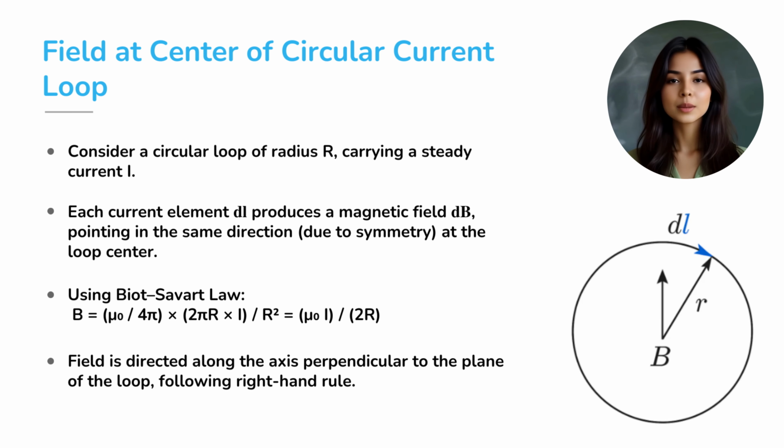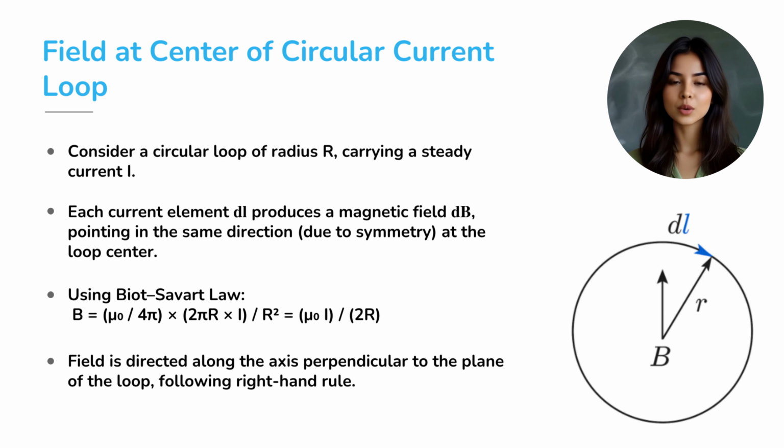Let's now apply the Biot-Savart law to a simple and symmetrical setup, a circular current loop. Imagine a loop of radius r, carrying a steady current I. Each infinitesimal segment of current contributes a tiny magnetic field at the center. Because of perfect symmetry, these tiny vectors all point in the same direction along the axis perpendicular to the loop.